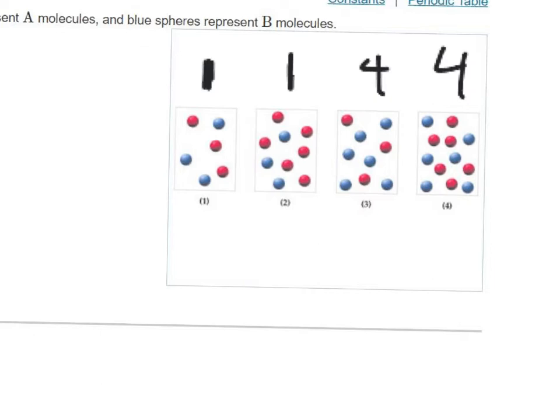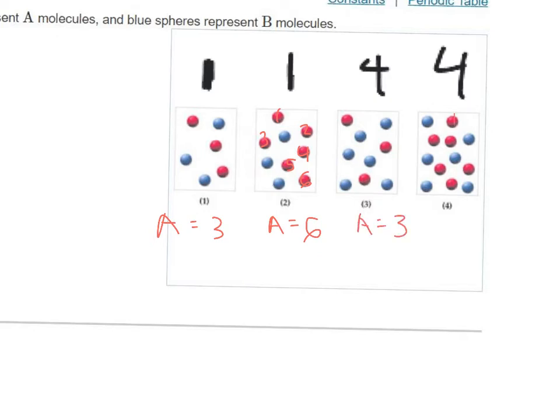I'm going to be looking at my red spheres here. So I have 3 red spheres here. Here I have 1, 2, 3, 4, 5, 6 red spheres. Here I have 3.